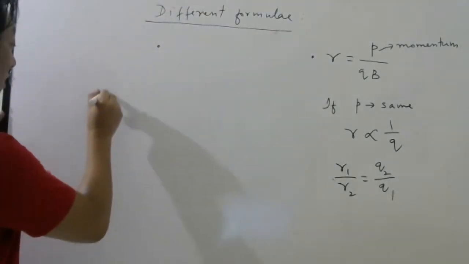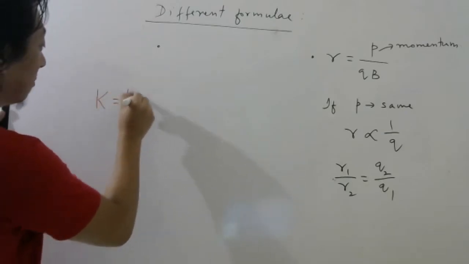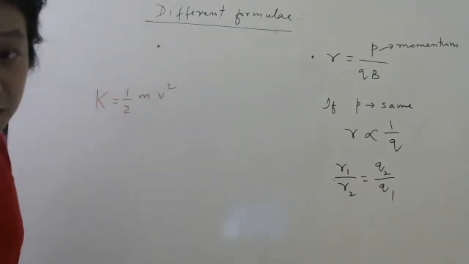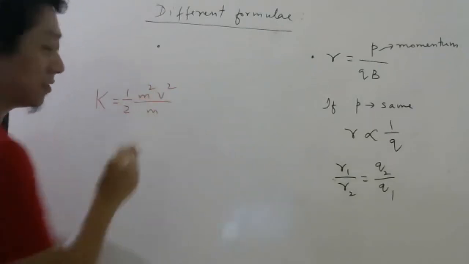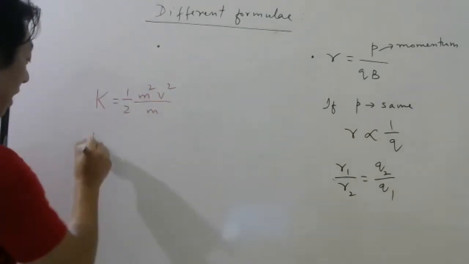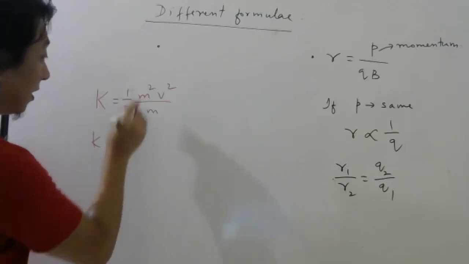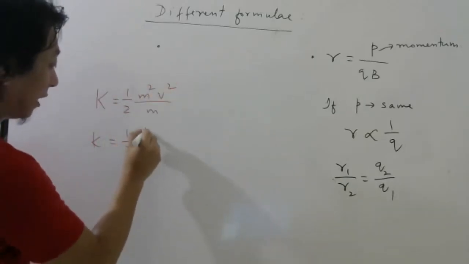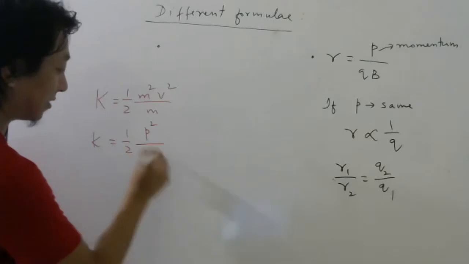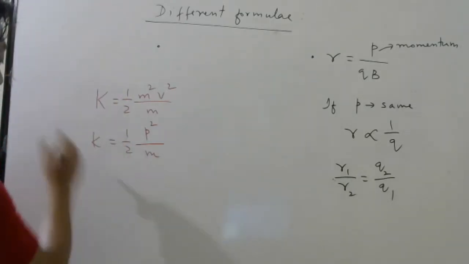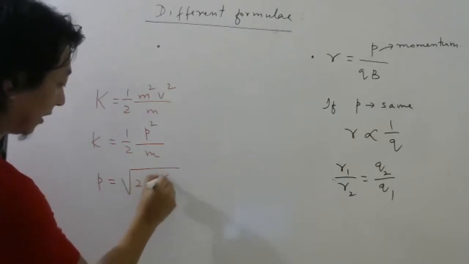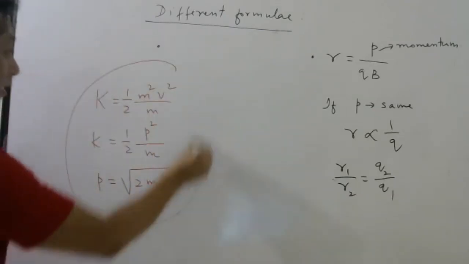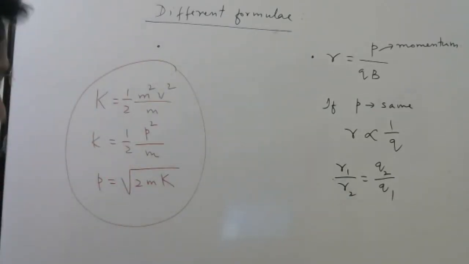You all know kinetic energy is half mv square, correct? Let us multiply by mass, divide by mass. Same thing only, right? So now I can write this as half m square v square by m, that is momentum square by mass, correct? Cross multiply, momentum will be root of 2m kinetic energy. Again, this is also a very useful relation to memorize.